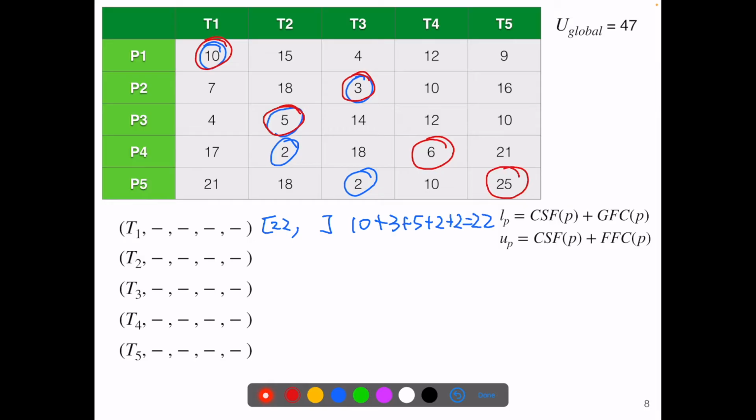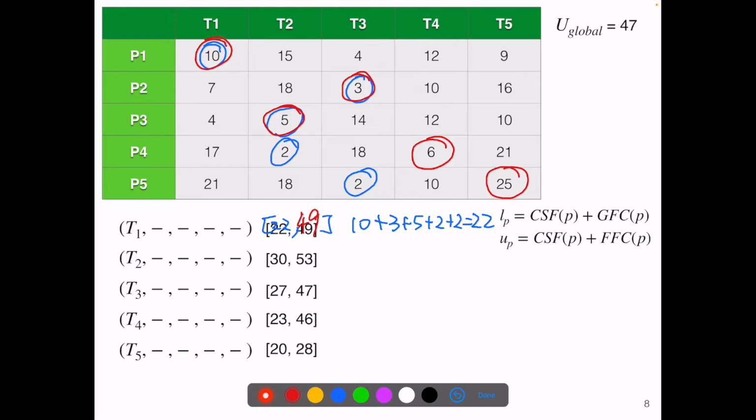This is a feasible solution by our greedy heuristic. Adding all these up will give us an upper bound of 49. Please pause the video and compute the bounds for the rest of the 4 partial solutions in the same way.